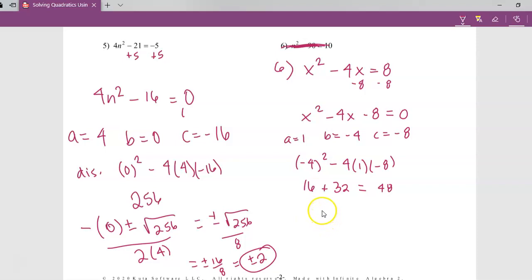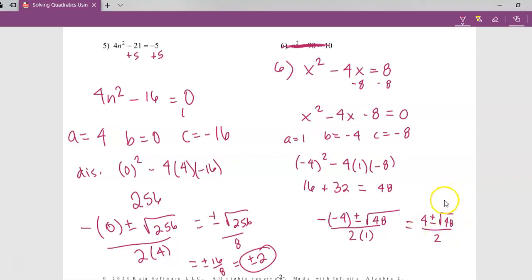So now I'm going to put it into the bigger quadratic formula. So negative b plus or minus the square root of 48, that's my discriminant, over 2 times a, and a in this case was 1. So this gives me 4 plus or minus square root 48 over 2.